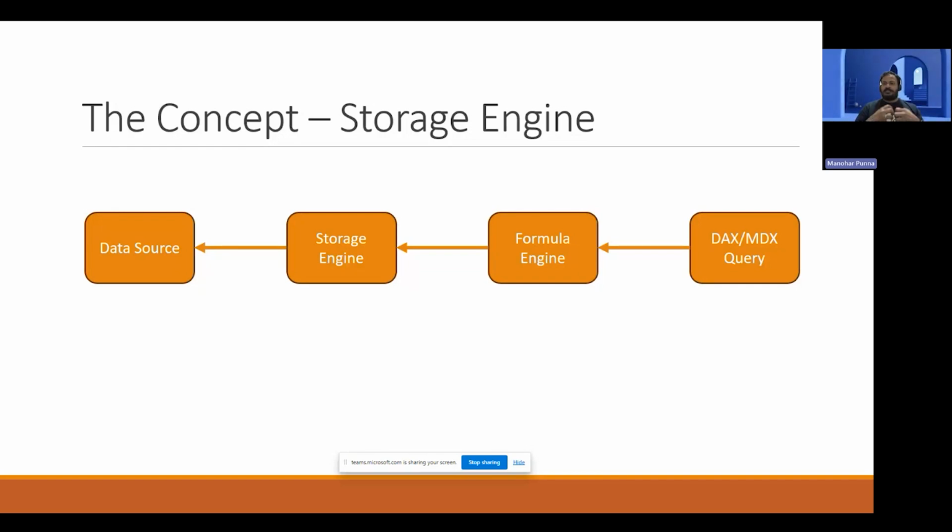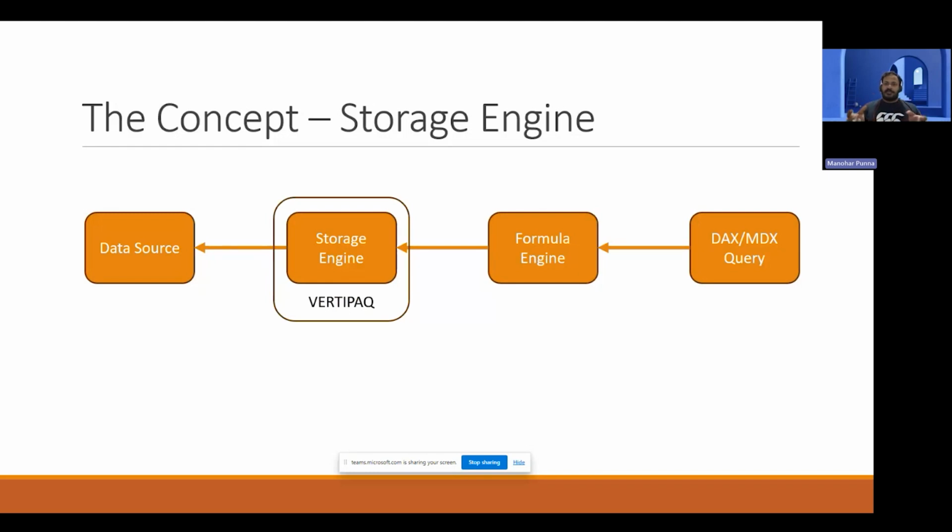So that data is actually present in your storage engine in the service, in the data model. This storage is what I mean when I say VertiPaq. VertiPaq is nothing but this storage engine where the data is stored in memory.